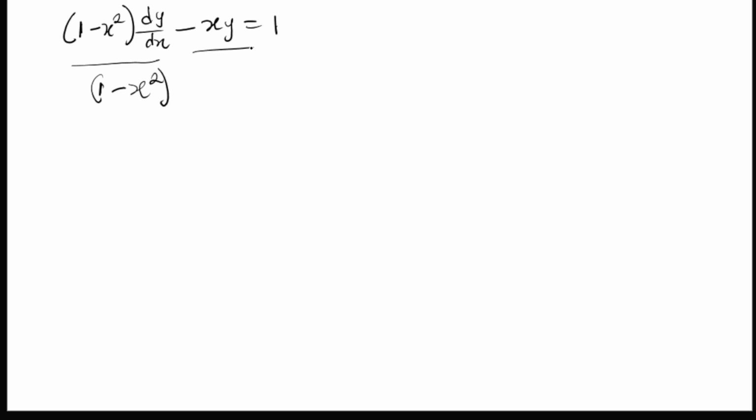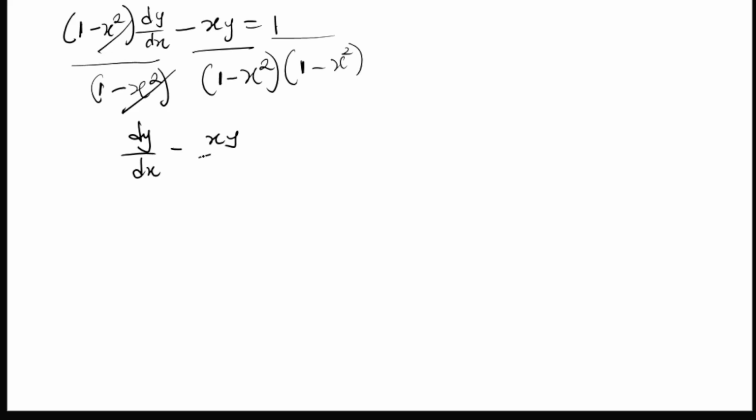We are dividing here with 1 minus x square, and we are also dividing 1 here with 1 minus x square, such that this cancels this and we are left with dy over dx minus xy divided by 1 minus x square, and this will be equal to 1 divided by 1 minus x square. Are we together?